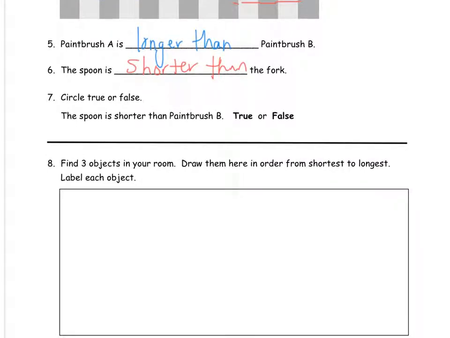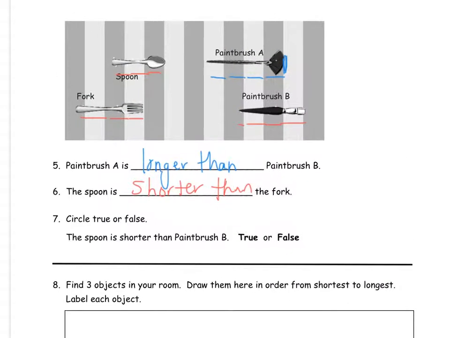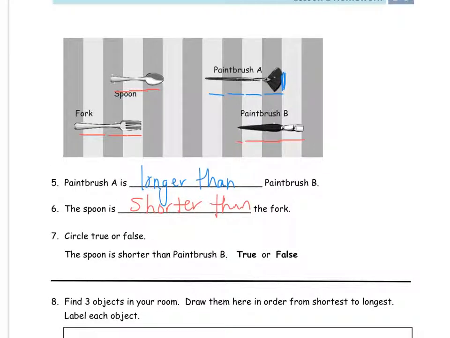So the next statement down, circle true or false. The spoon is shorter than the paintbrush B. So paintbrush B is, again, 1, 2, 3, and a little. And the spoon is 1, 2, and a little. So it's not quite 3. So I know paintbrush B is longer and the spoon is shorter.